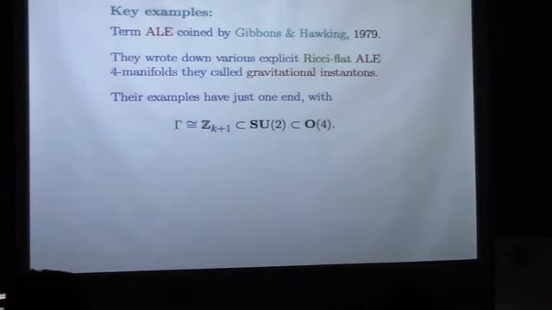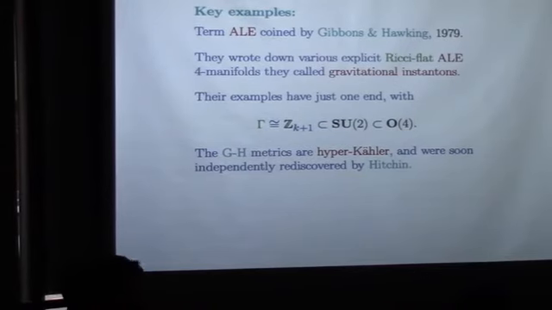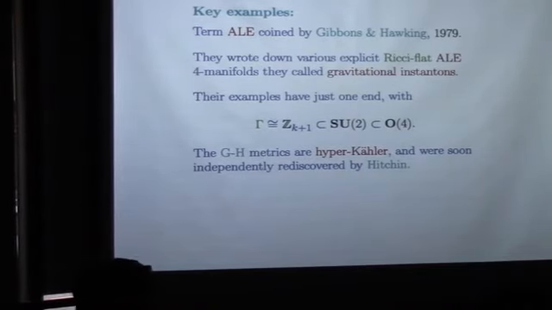But with respect to the reverse orientation, it would be just like scalar multiplication by a root of unity. So these so-called Gibbons-Hawking metrics are examples of what are called hyper-Kähler metrics, and that led Nigel Hitchin to discover them completely independently for other reasons rather soon after the Gibbons and Hawking paper.